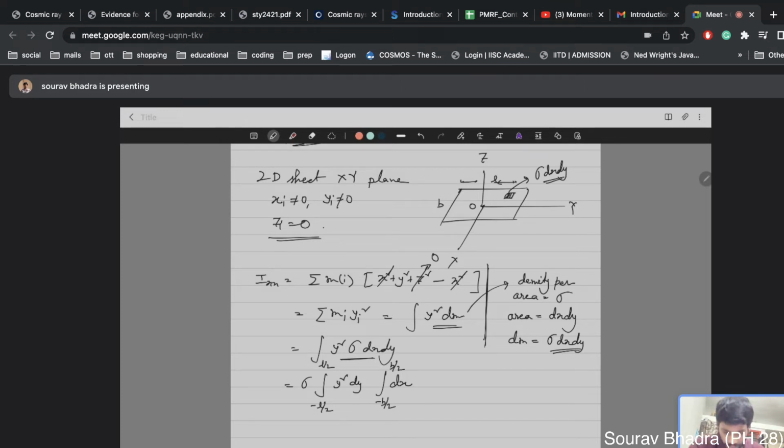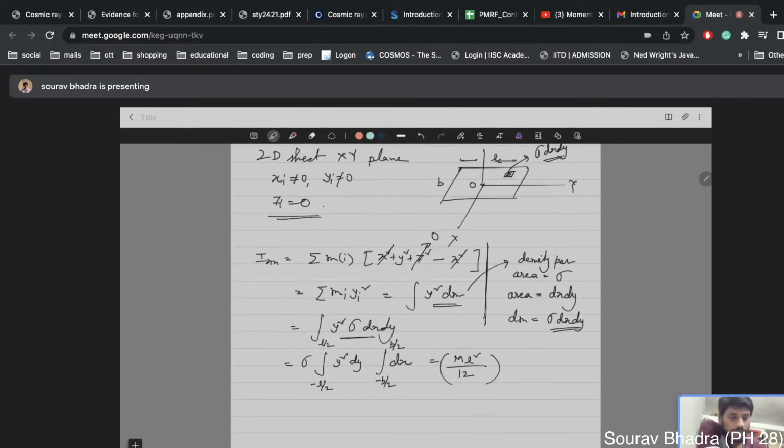If you do this, you will get a similar result as before, ml square by 12. So for your rod as well as your rectangular lamina, you get the same moment of inertia along the x axis.